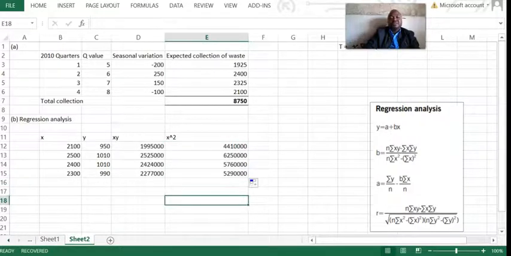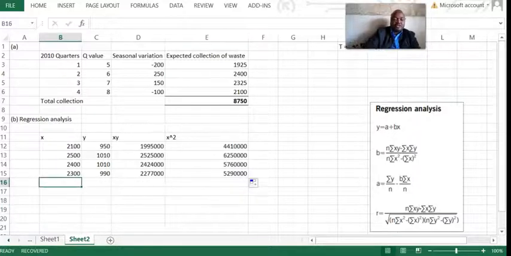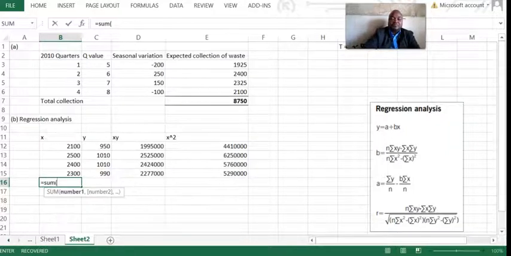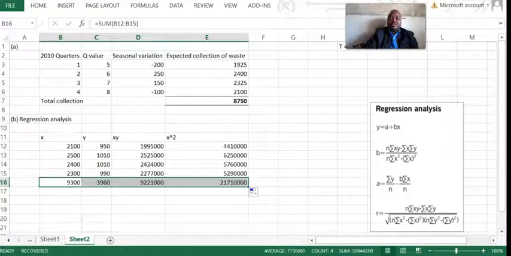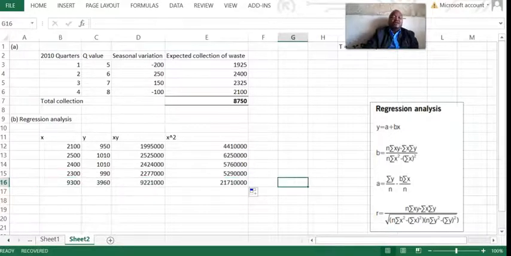Okay, once you've done that, you just have to determine the totals. The totals, simply equal sign sum, press enter, and then you have to drag everything across, and Excel does it for you.